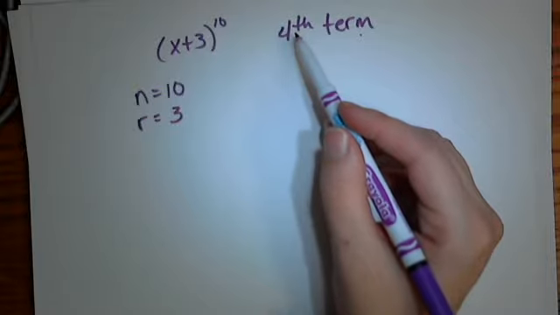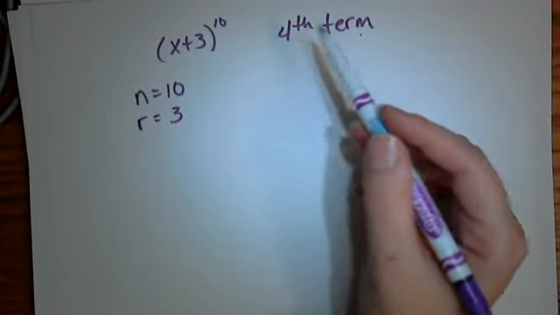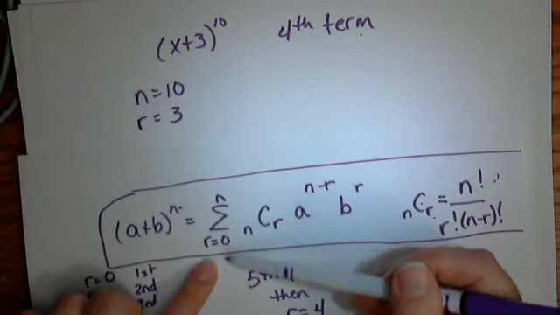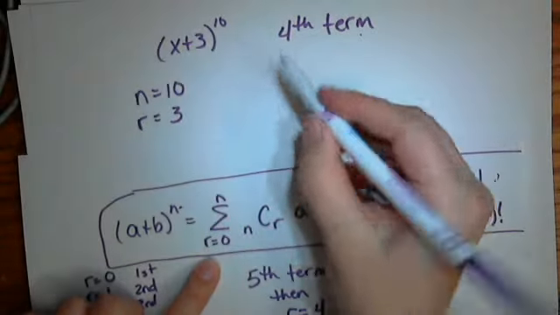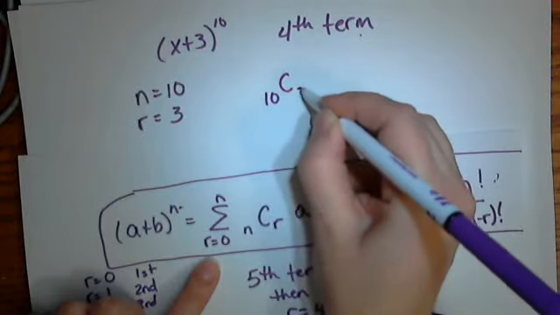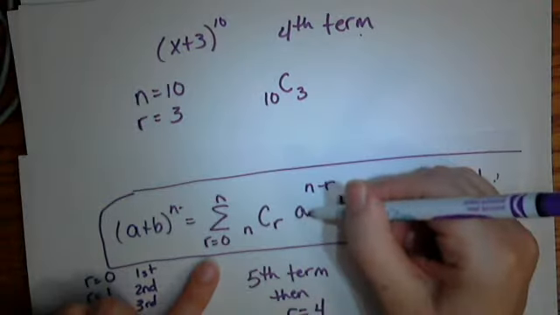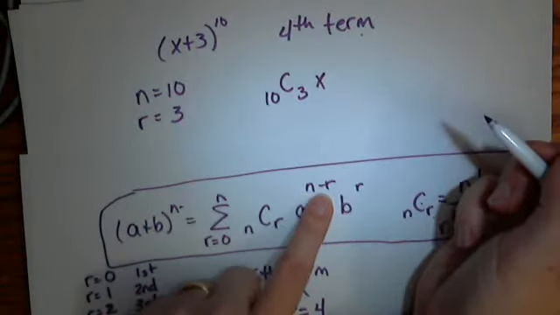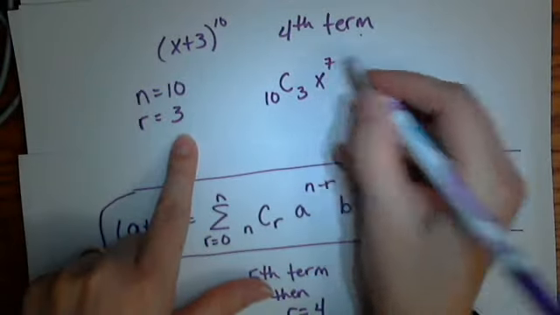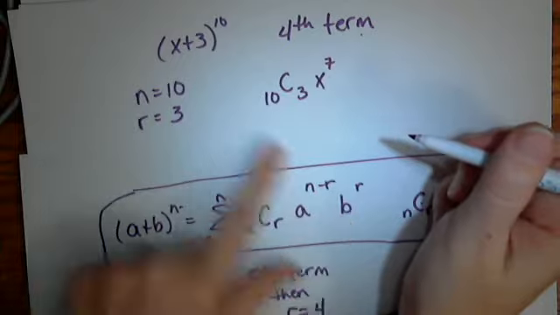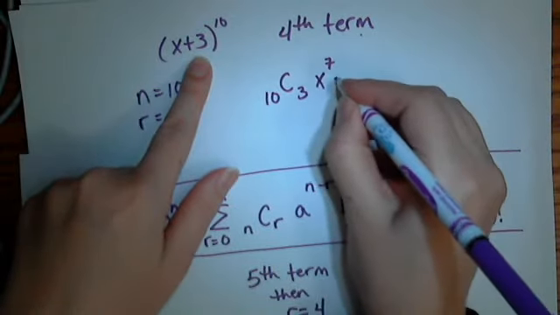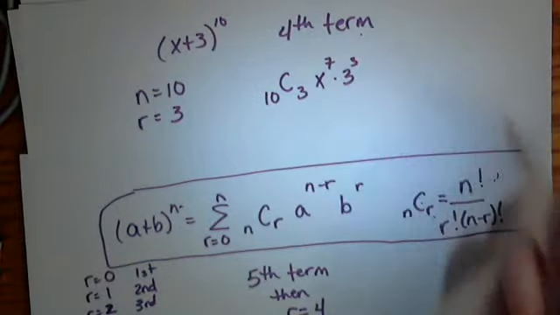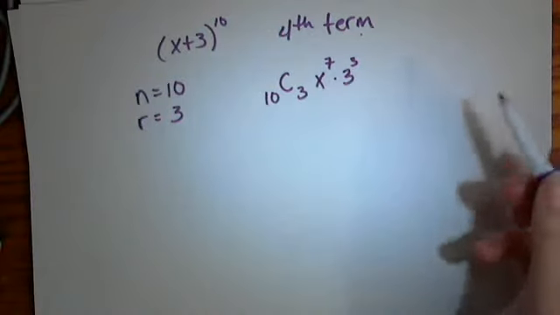Okay. Looking back at our binomial expansion, we only want to find the fourth term, so we don't have to add them all up again. We just want to do 10 choose 3. And in this case, our a is x. So we're going to have x, n minus r. N minus r is 7. Our b is 3, times 3, and r again is cubed. How do I calculate 10 choose 3?